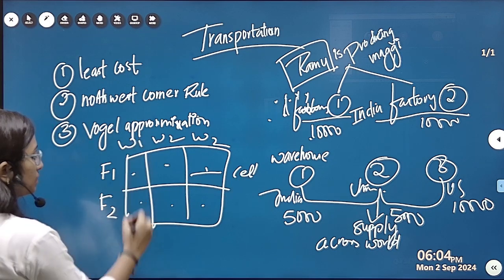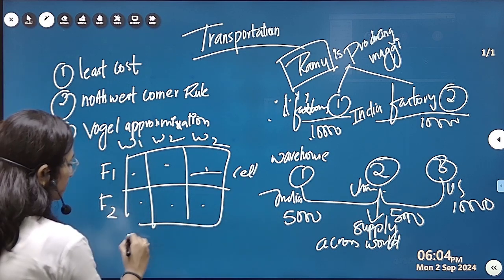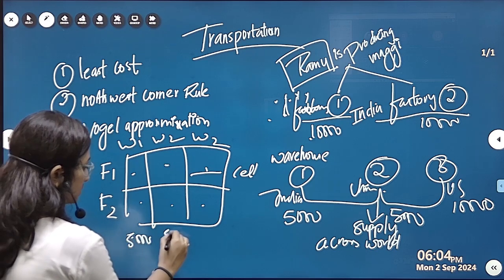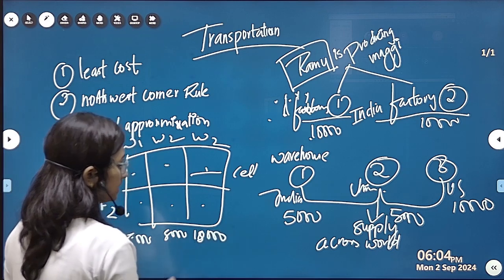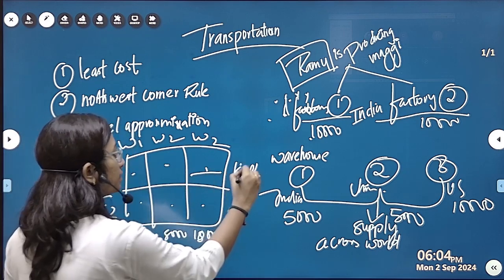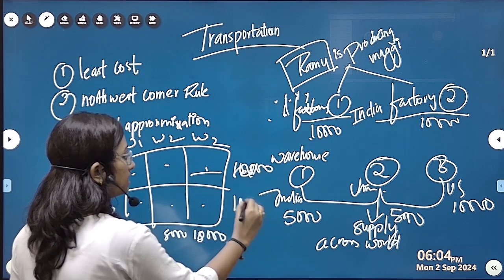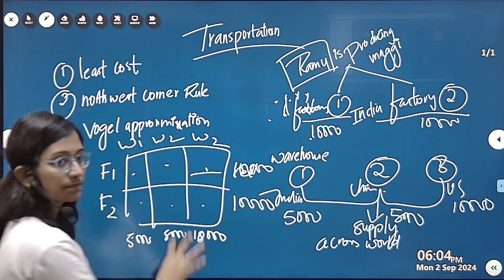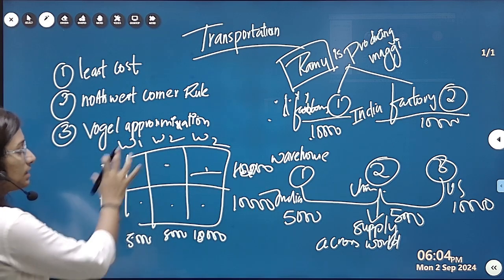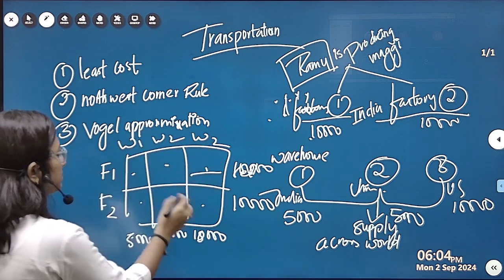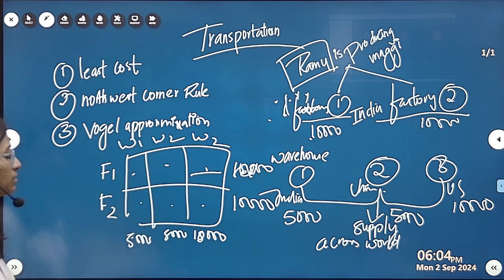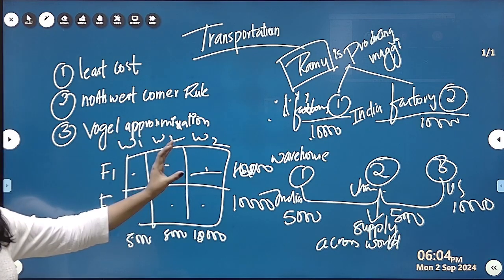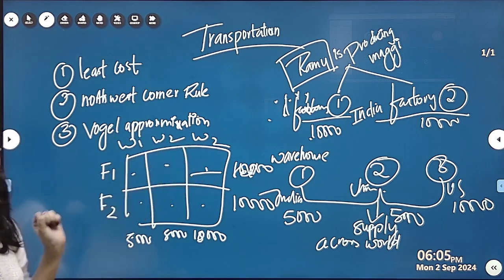The warehouses have storage capacities of 5,000, 5,000 and 10,000, and my factories are producing 10,000 and 10,000. The problems will be like this, with the factories and the warehouses, and we take numbers like this.